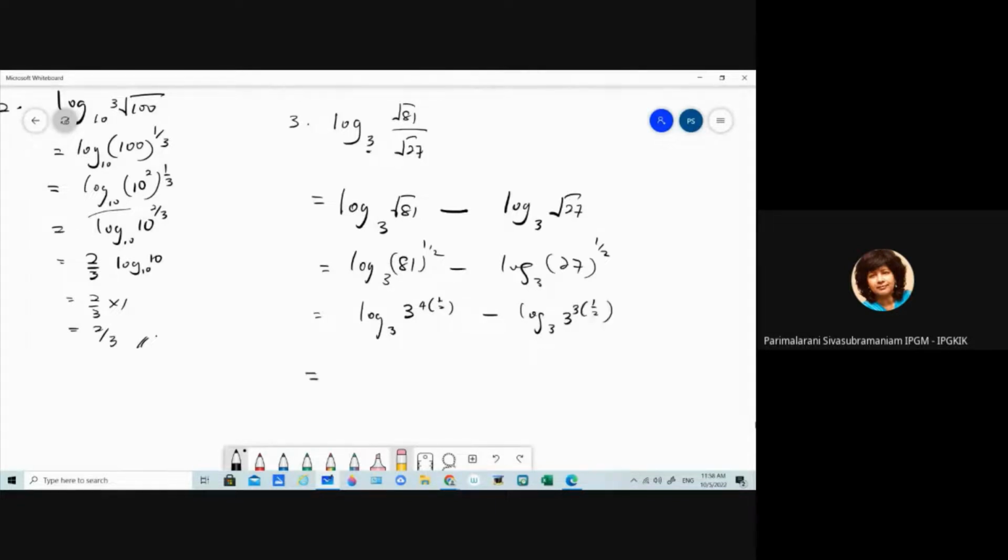So what do we have here? We have log base 3 of 3 to the power of 2 minus log base 3 of 3 to the power of 3 over 2. So we have 2 log base 3 of 3 minus 3 over 2 log base 3 of 3.